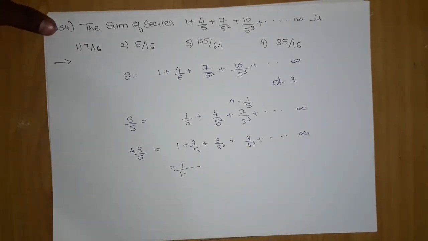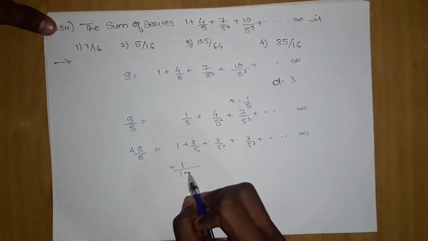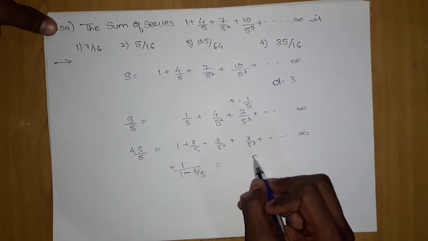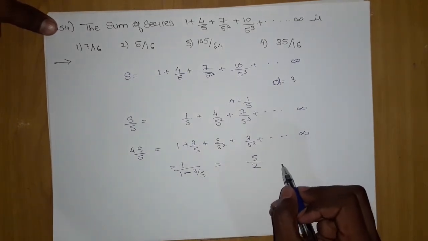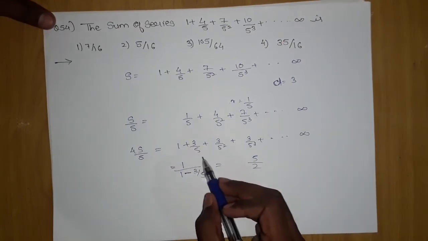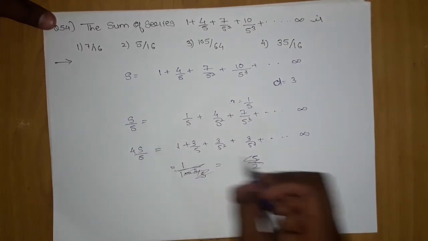You can take any of the GP, it doesn't matter. 5 minus 3 means 5 by 2. Okay, I think we made a mistake. Sorry, this is 1.